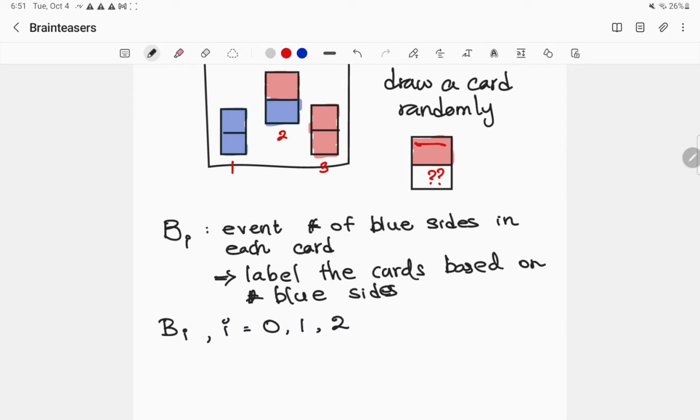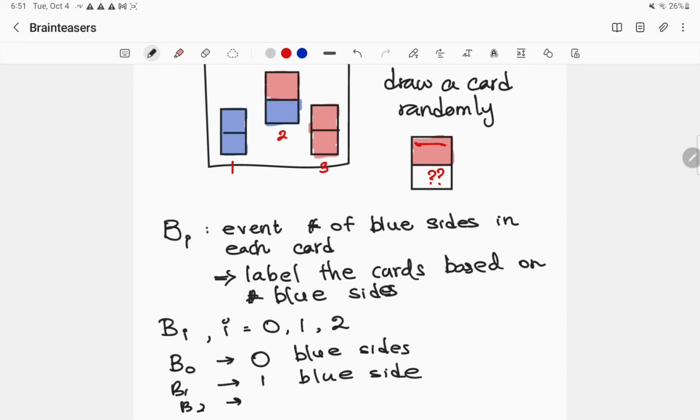It means, for example, B0 means 0 blue sides. B1 means 1 blue side and the other side is red. B2 means 2 blue sides.